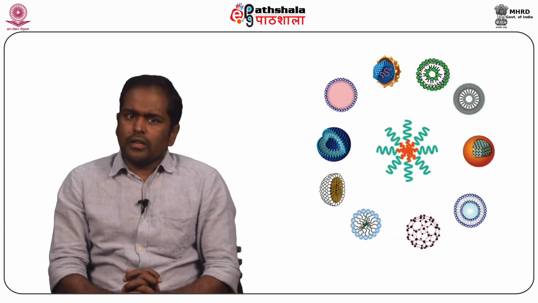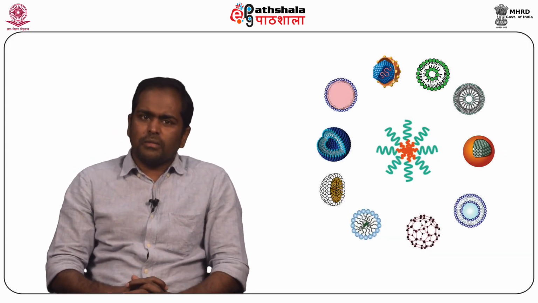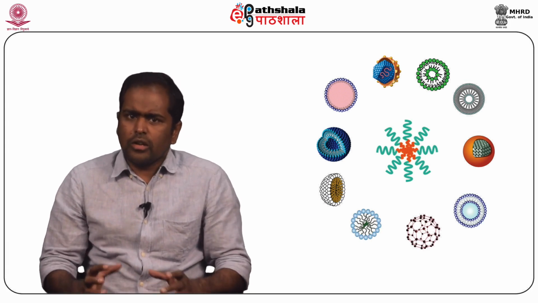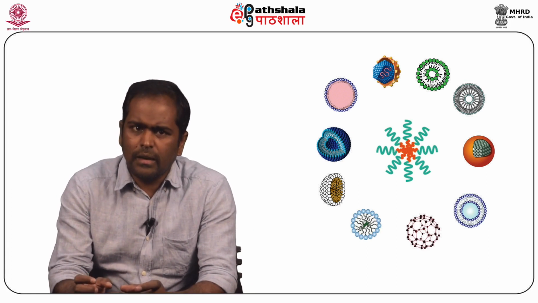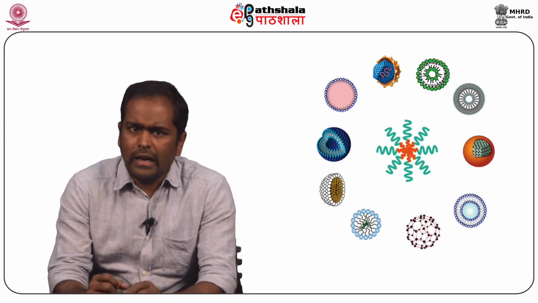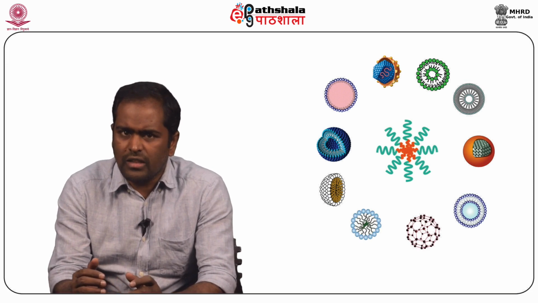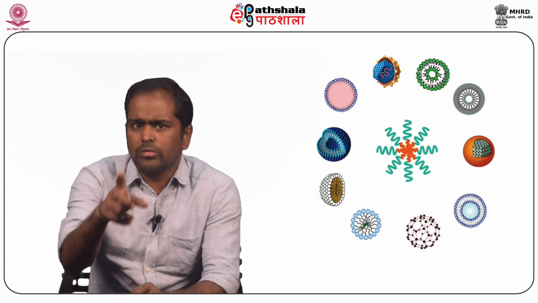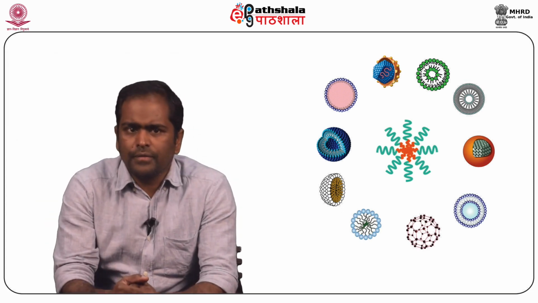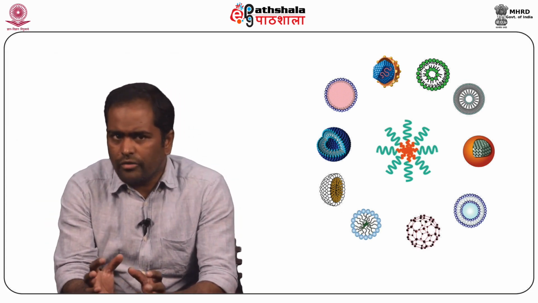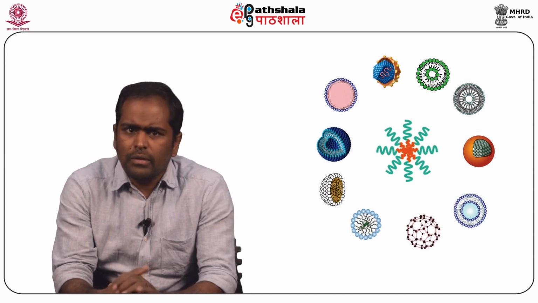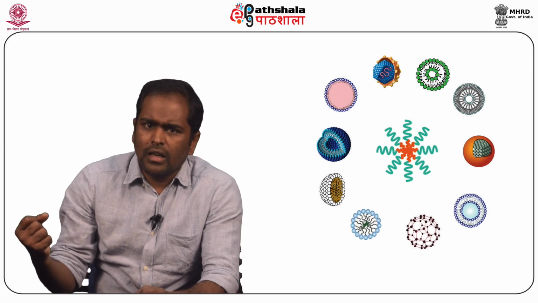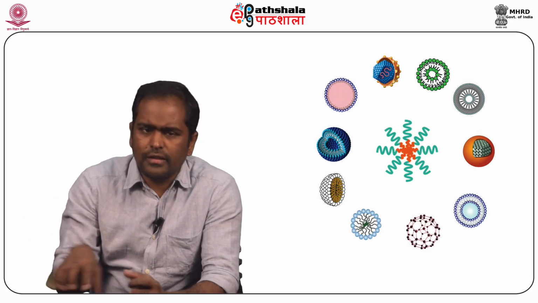Now, another important type of osmotic system is the monolithic one. In this system, a water-soluble drug is dispersed in a polymeric matrix, and then it is further coated with a semi-permeable membrane. Here we are using the abbreviation SPM for semi-permeable membrane. When the system comes in contact with an aqueous environment, imbibition or absorption of water takes place within the matrix system.